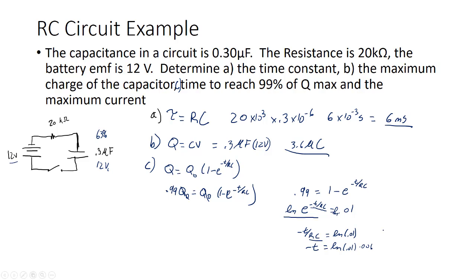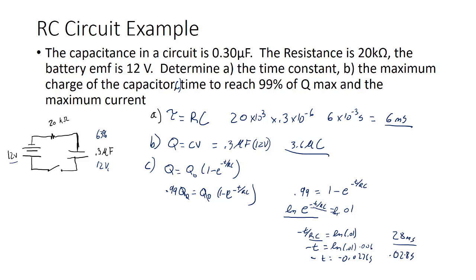And so if you take the natural log of 0.01, and the natural log is ln on your calculator, it's right below the log button, then you'll see that the natural log of 0.01 is negative 4.6, and when I multiply that by 0.006, I see that I get negative t is actually equal to negative 0.0276 seconds, or approximately 0.028 seconds, or you could say 28 milliseconds.